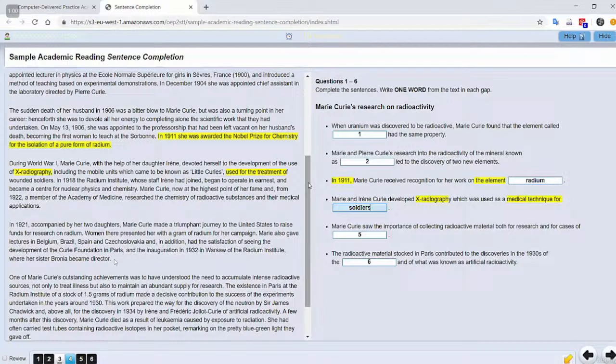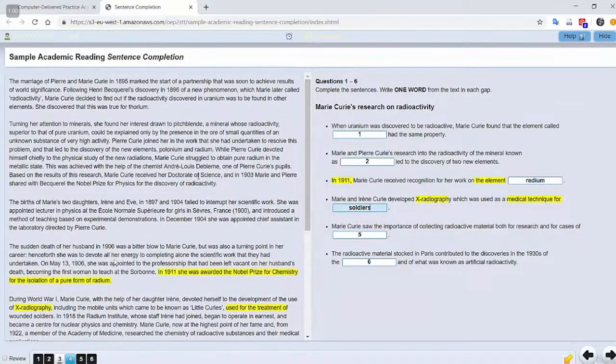Okay, so I know 5 and 6 are after number 4, and I know 1 and 2 are above number 3. So I'm going to go ahead and find 1 and 2 first. I know 1 and 2 are located here, right? So for number 1, we're looking for when uranium was discovered, we're looking for a type of element, right?